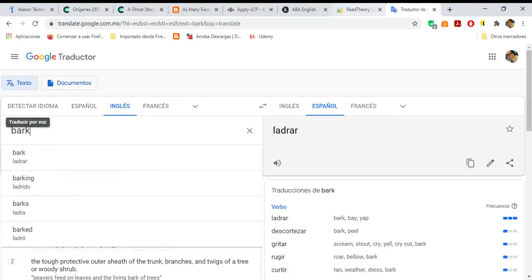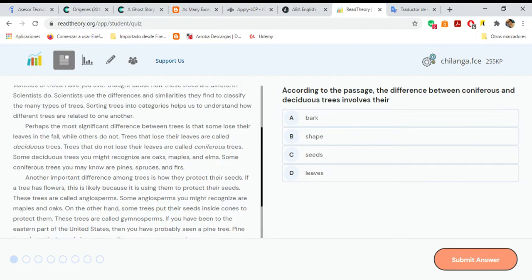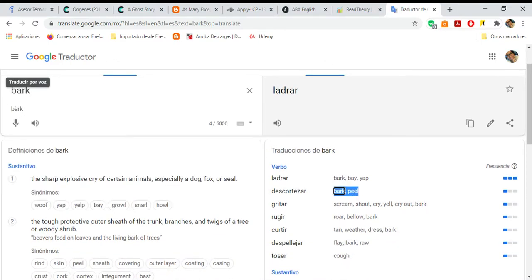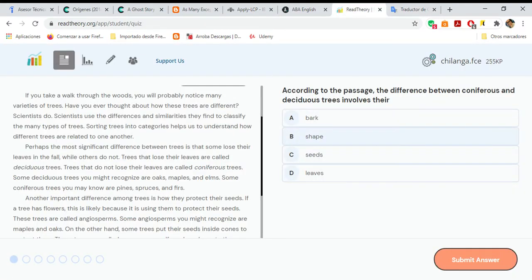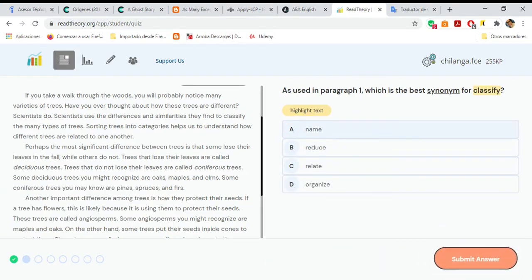It has to mean something here because they mention this word. I think maybe it's something like bill, shape, seeds, leaves. Used in paragraph 1, which is the best synonym for classify? Organize.